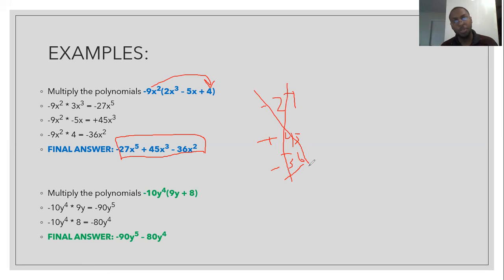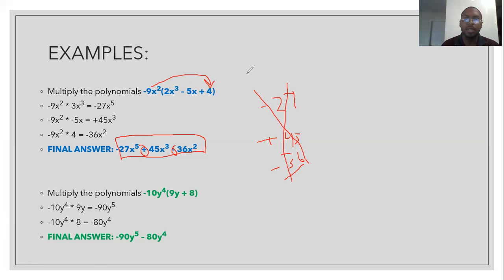As much as I want to smush all those terms together, I can't, because we have the operations of addition and subtraction. And what's true about them is you can only add or subtract like terms.